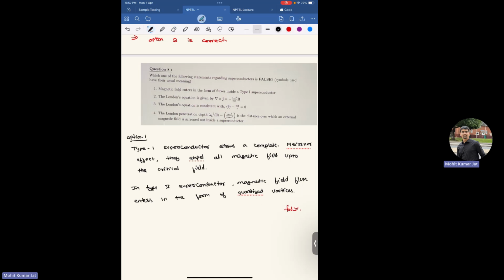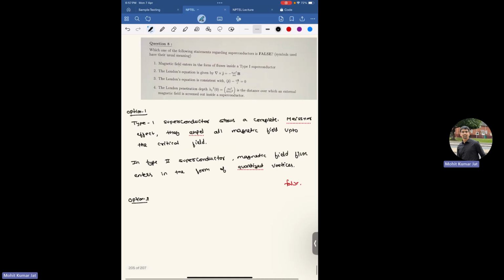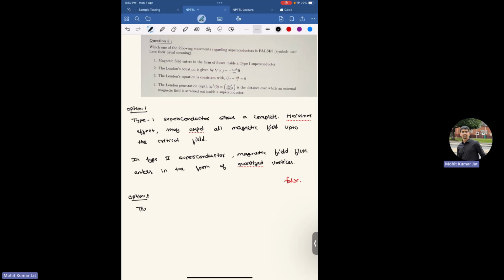Now option 2, the London equation: curl of J is equal to minus ρ by mc. That's what it is, right?